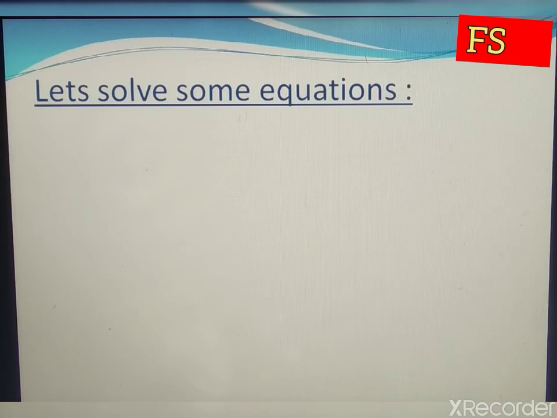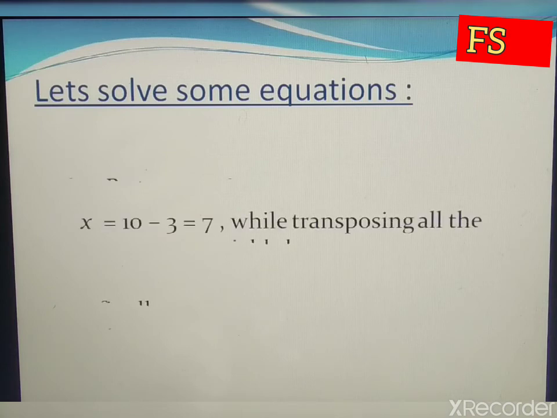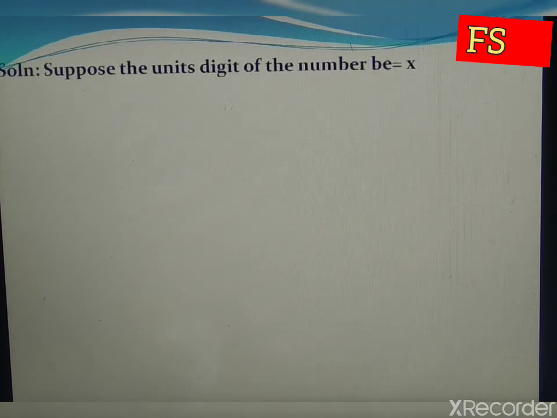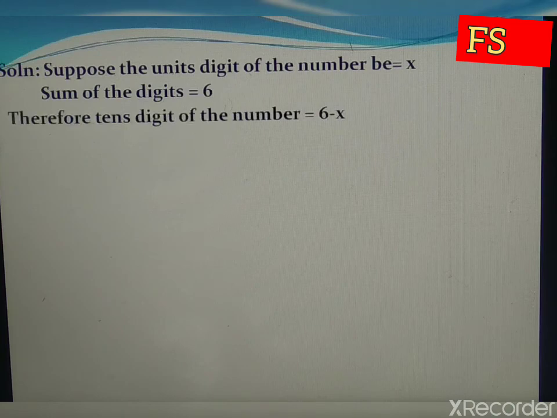Okay, now let's solve some equations. Suppose the units digit of the number is x. Now the sum of the digits is equal to 6. It is given in the question.